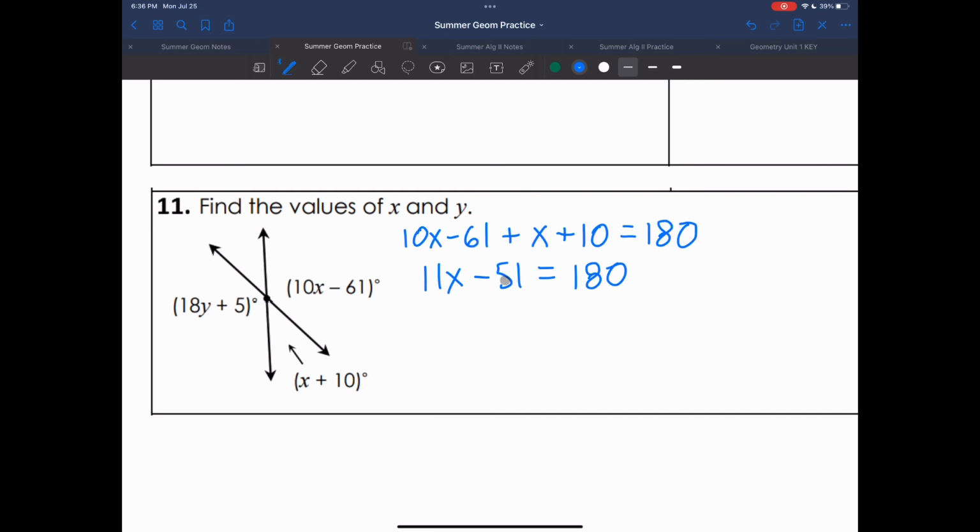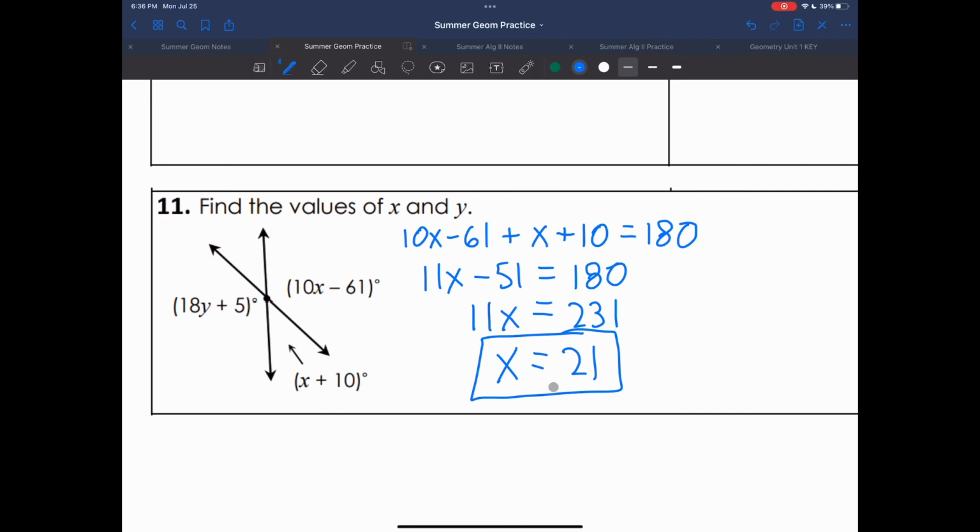We're going to add the 51 to both sides. So we get 11x equals 231. And then we divide by 11, which I think goes in evenly. That would be 21. Okay, so we've got our x variable, that equals 21. And now we have to find our y variable.